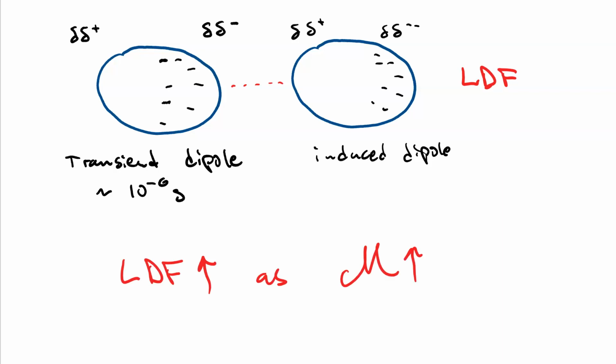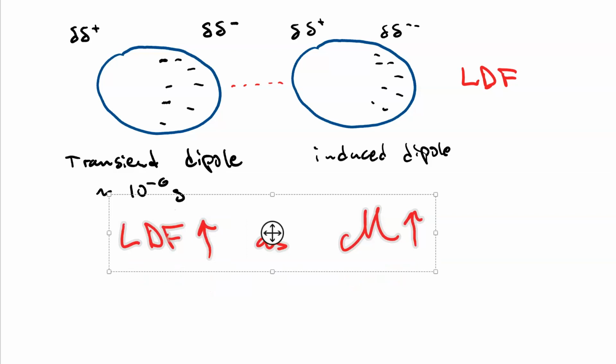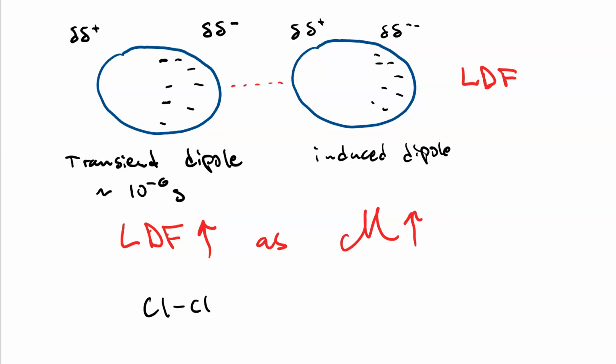But in general, you can say the heavier the molecule, the stronger the London dispersion force. Right? Remember we were talking earlier about chlorine, bromine, iodine? Well, chlorine, bromine, and iodine are all nonpolar molecules. Right, so there's chlorine. It's a gas at room temperature.